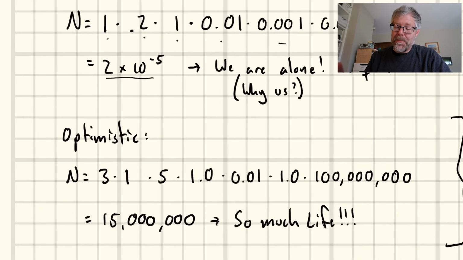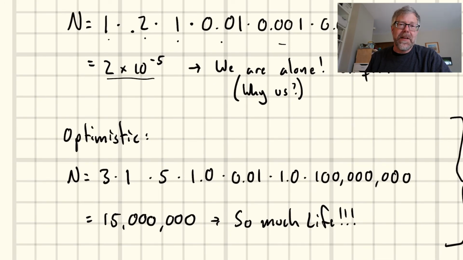If you're more optimistic, I guess it depends on what your definition of optimism and pessimism is too, but if you are optimistic, then you can take numbers which actually are not super different, except for L is pretty different, but you multiply all of these numbers together and you can get that there are 15 million different civilizations out there in the galaxy, and the galaxy is really teeming with life.